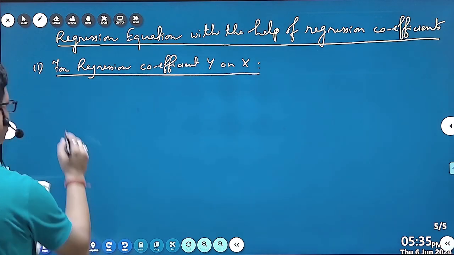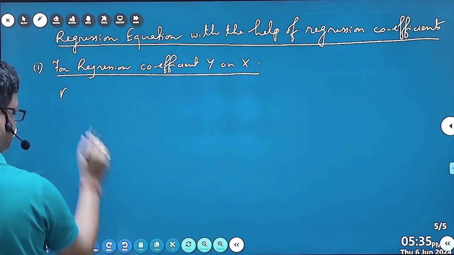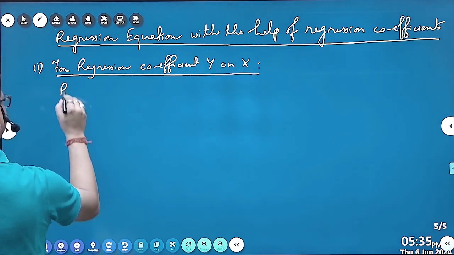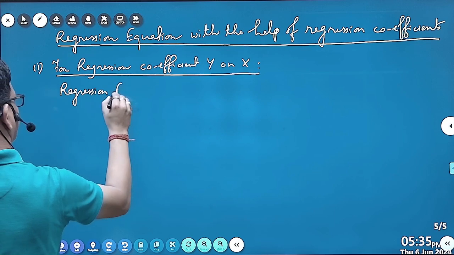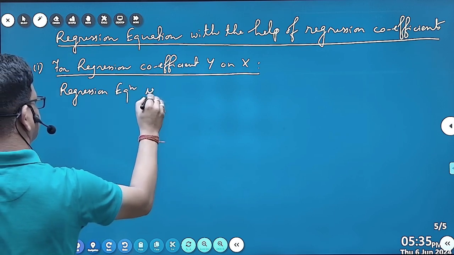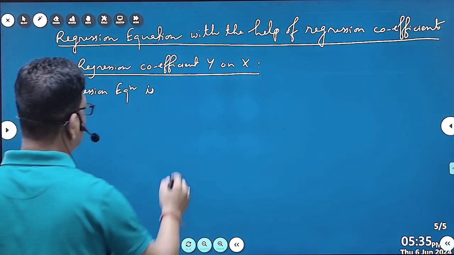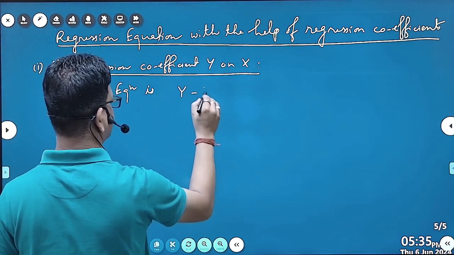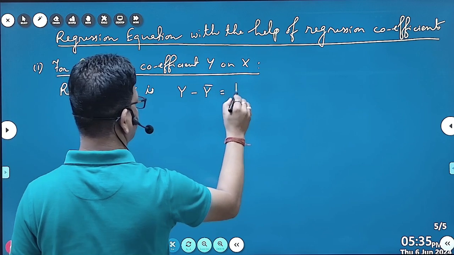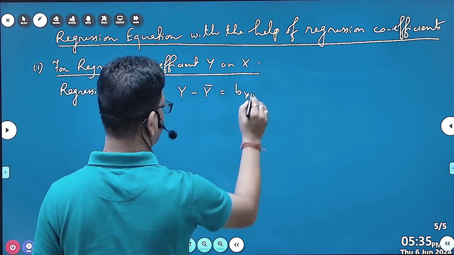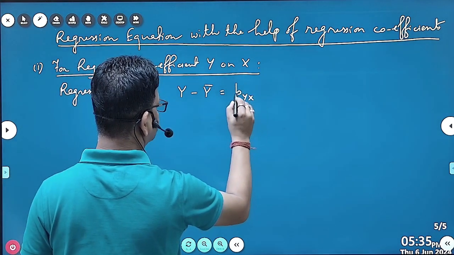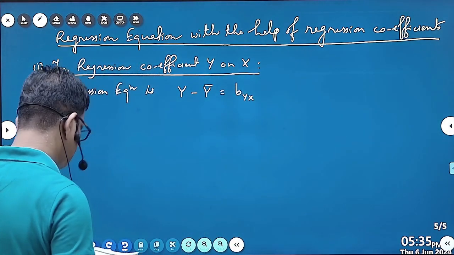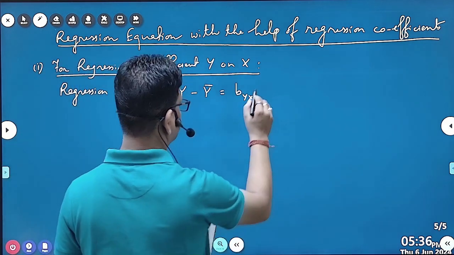So the regression equation is y minus y bar divided by b y on x, it should be written like this, byx in the suffix, then x minus x bar.